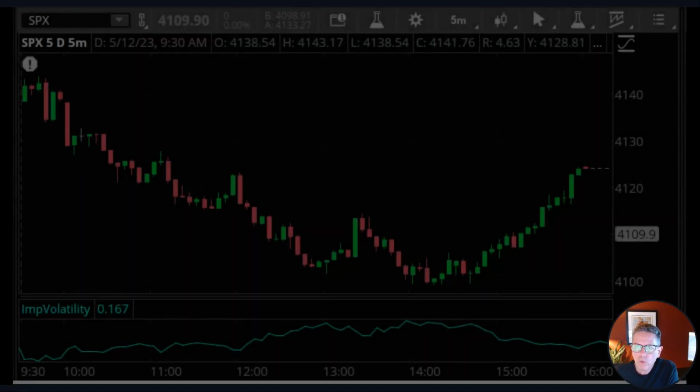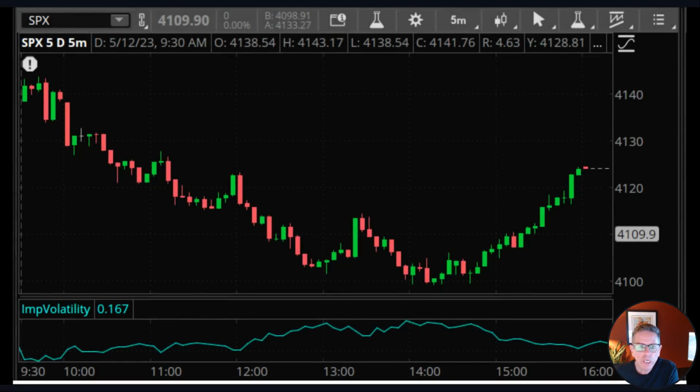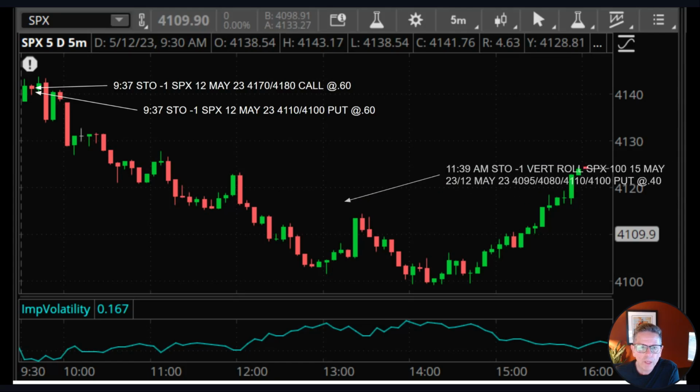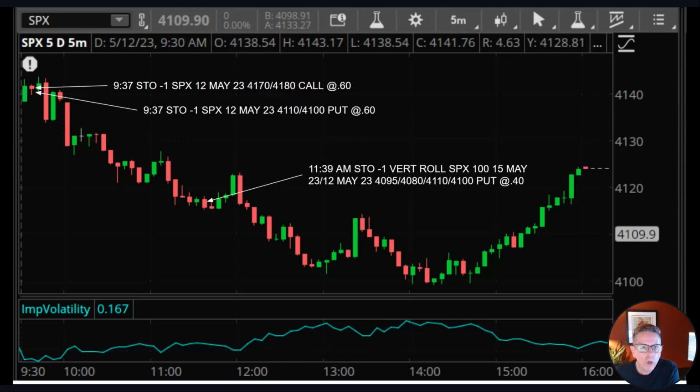All right, so here is another example. We got the call spread, and these are 10 wides now. So we got a 60 and a 60 for a call and a put, and here we rolled that trade for 40 cents because it was threatened, and the next day we were able to close these positions and they expired worthless.